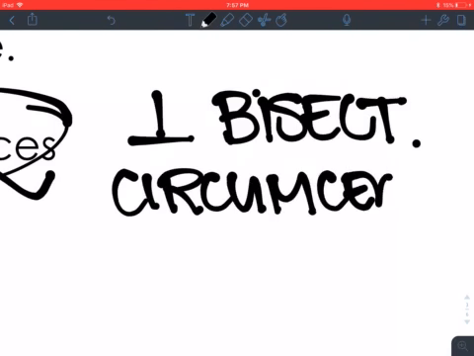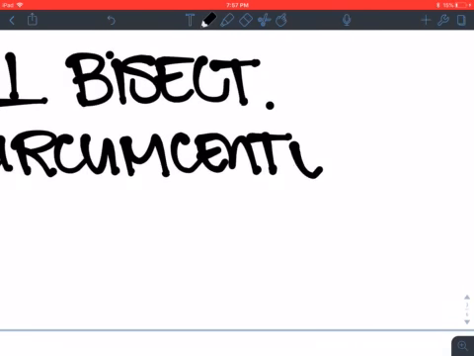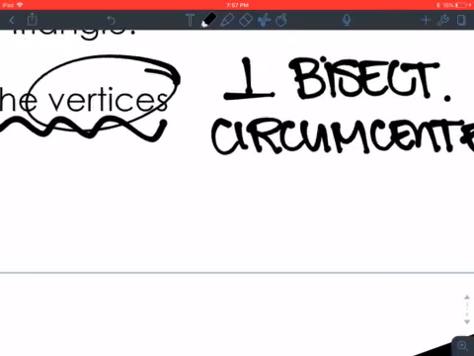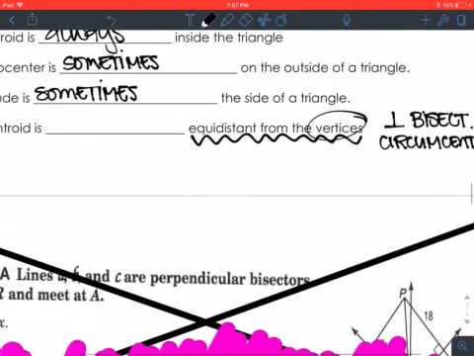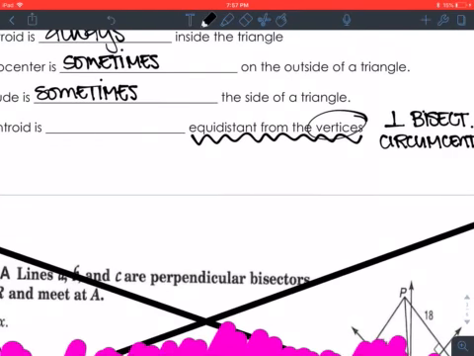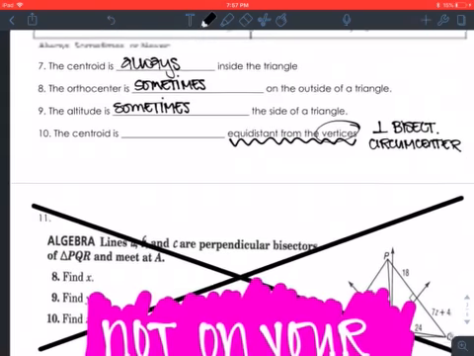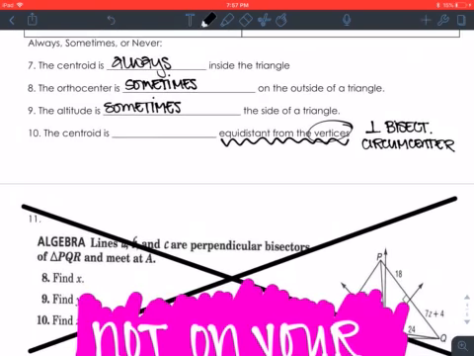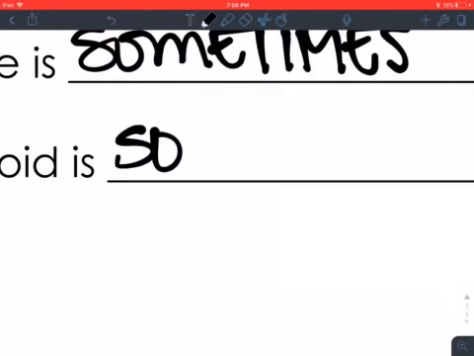But when you're dealing with equilateral triangles, what's really cool is that all of the points of concurrency for all these special segments are the same. So this is only true whenever you're dealing with an equilateral triangle. So this is sometimes true.